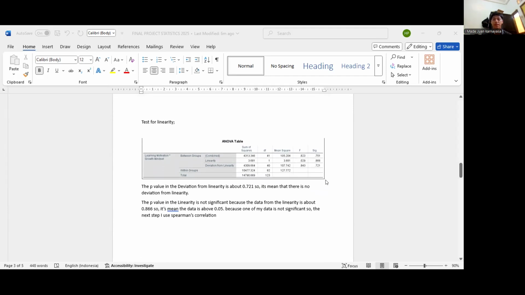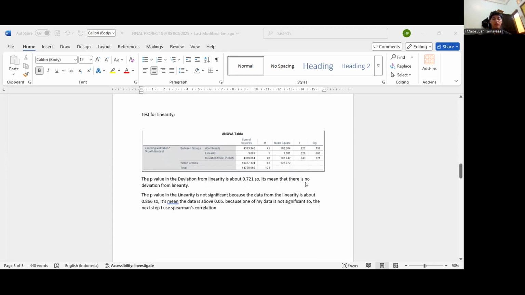The significant value for the deviation from linearity is about 0.721. So it means there is no deviation from linearity, and that is good. That's what we expect, a value above 0.05. And then we check for the linearity.